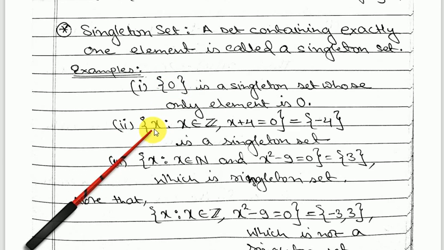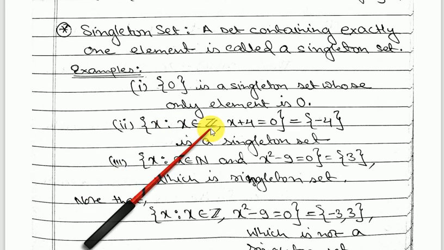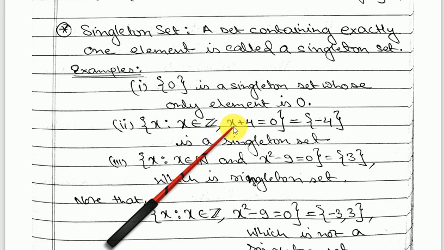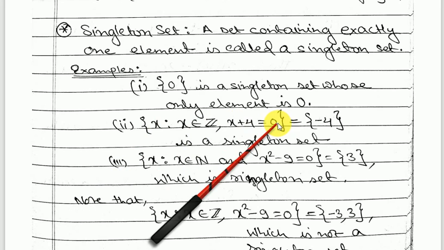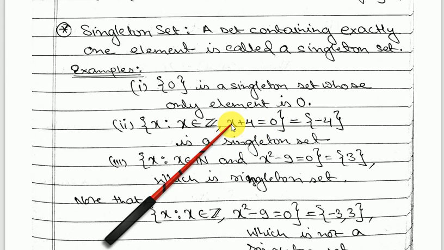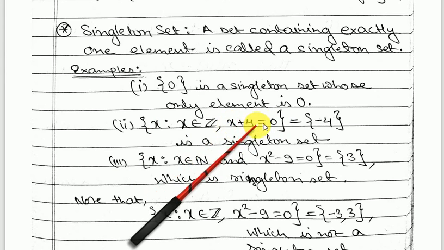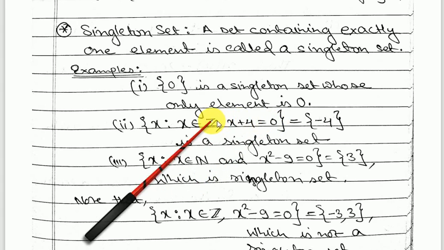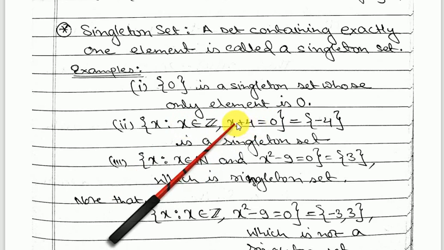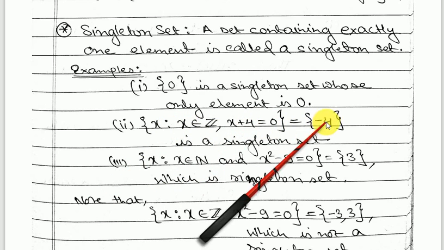Here there is a set containing elements x such that x is a member of the integers and x plus 4 is equal to 0. If in place of x I put minus 4, then only I'll get 0. So there is only one integer which will satisfy this condition. This set contains only minus 4, so it has only one element, and it is a singleton set.